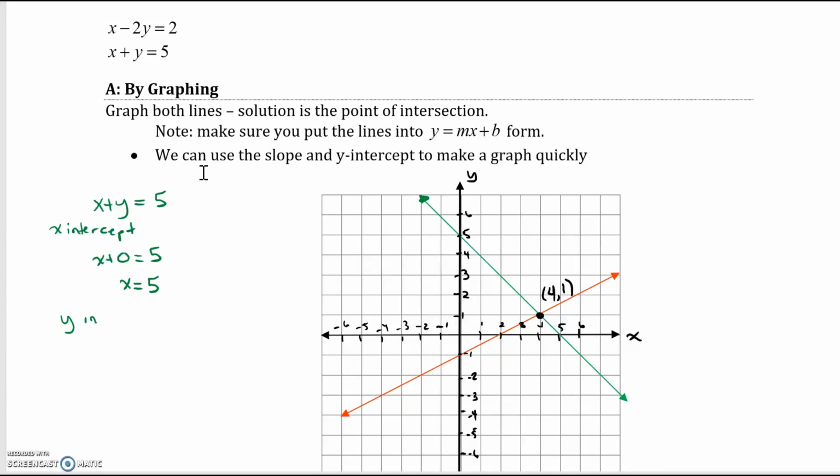Similarly, the y-intercept, which is found by subbing in x equals 0 into the equation, is also 5. If you were to put the y-intercept on the y-axis, the x-intercept on the x-axis, and combine them with a straight line, you get the green line that's shown.